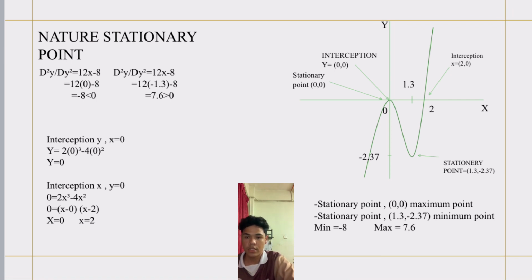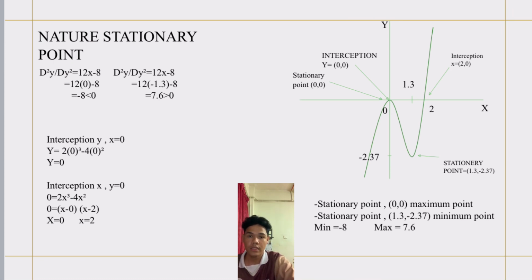For the intersection with the y-axis, if x is 0, then y equals 0. For the intersection with the x-axis, if y is 0, we get two answers: x equals 0 and x equals 2.